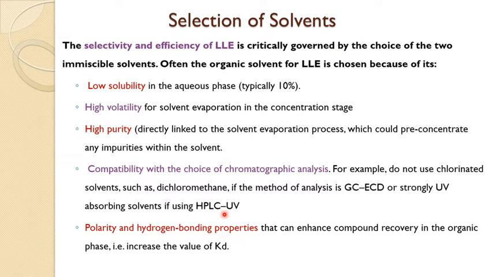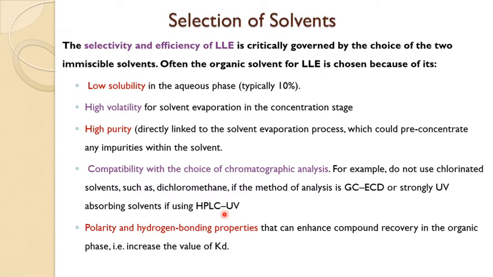Then it is compatible with the choice of chromatographic analysis. We saw in the previous lecture that when the compound of interest is extracted, it is directly connected with chromatographic techniques like gas chromatography or high performance liquid chromatography.